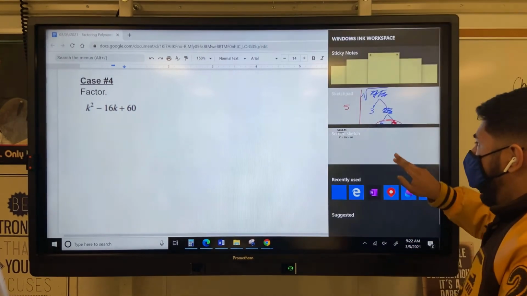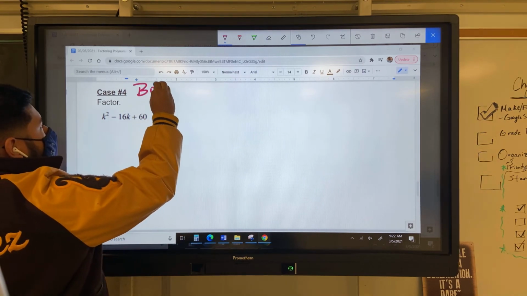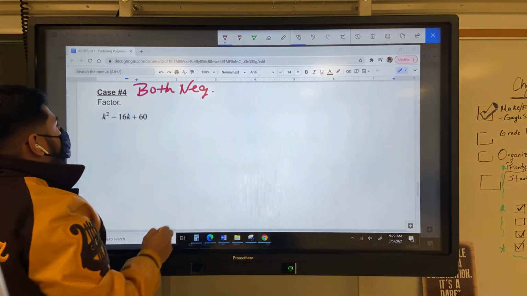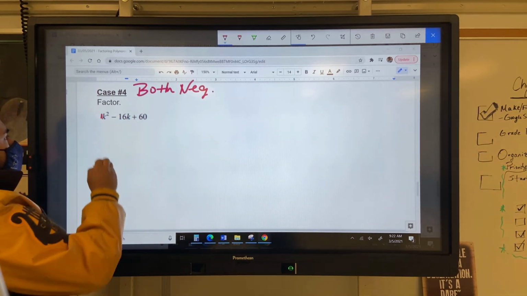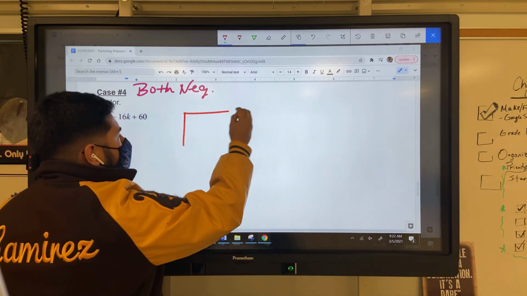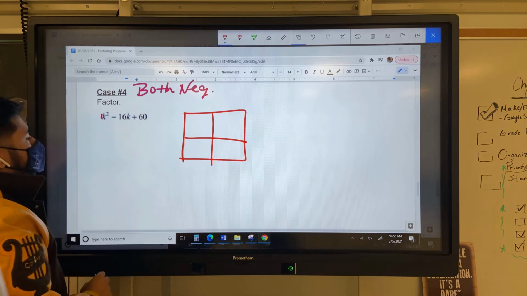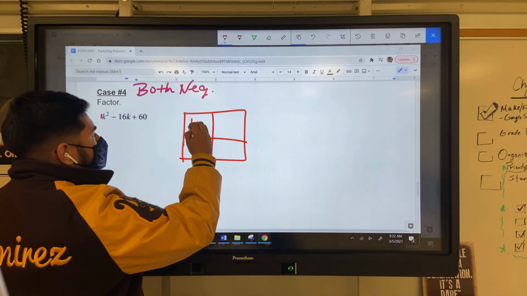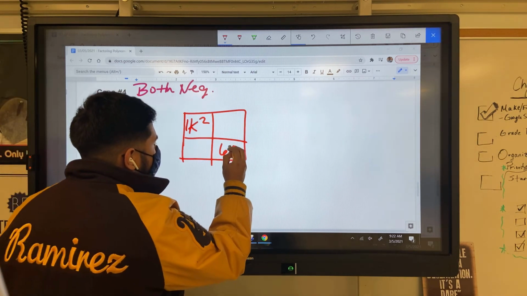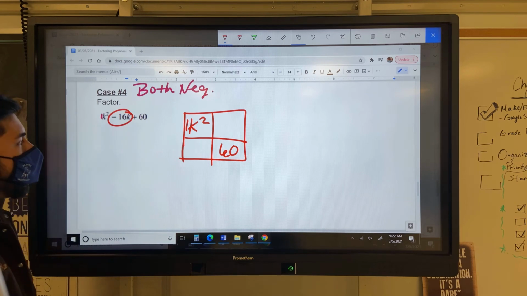Case 4 says both numbers are negative. One box. So I got 1k squared. Positive 60, that's a big number, it's awesome. And then we're looking for whatever adds to 16.